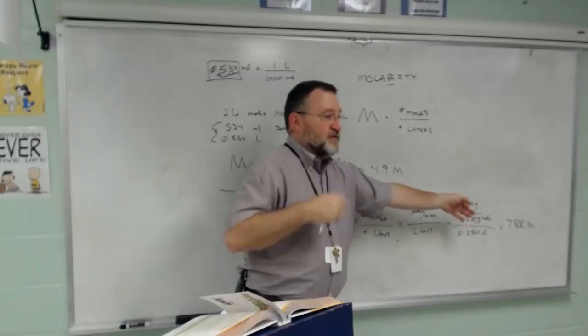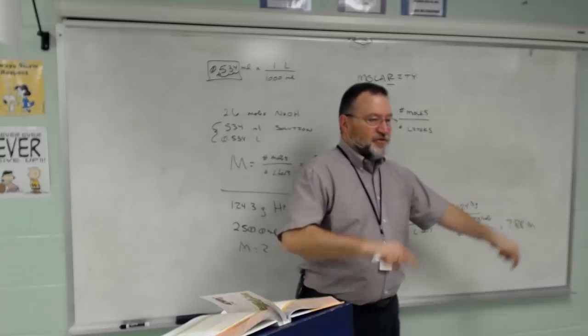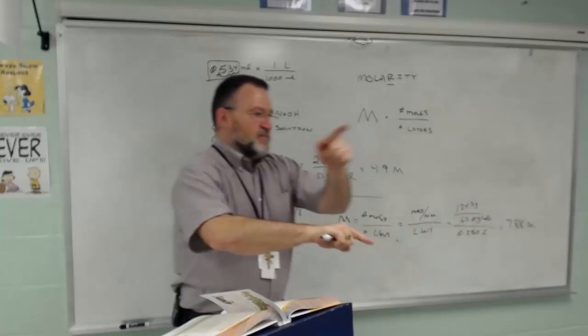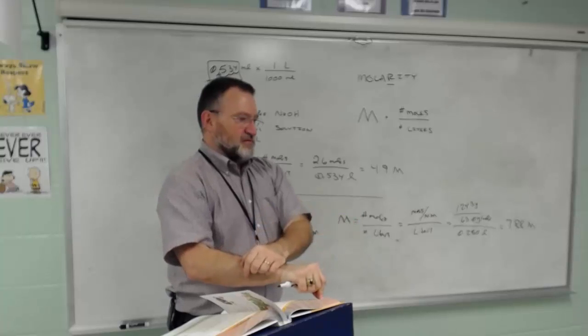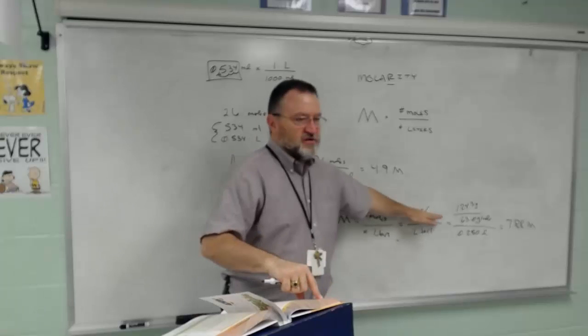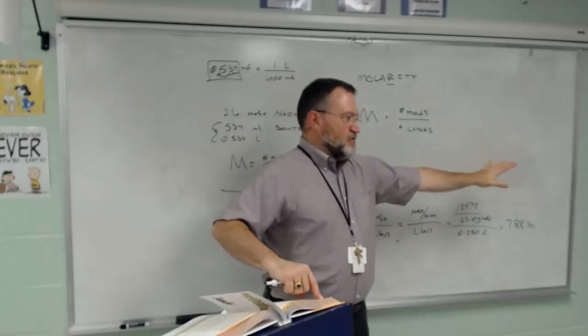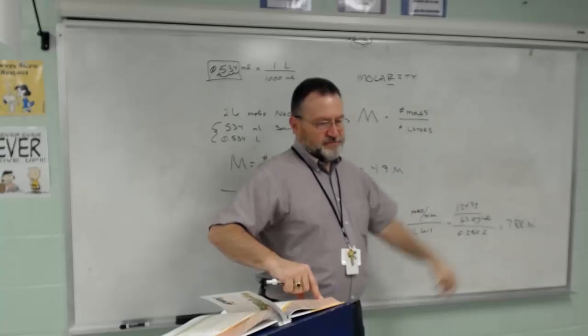We would then need to figure out how much volume we needed of that 7.88 molarity to get the right number of moles so we can do the balanced stoichiometry. That's the next step. Of knowing your concentration and then driving that forward to give you a particular number of moles in your sample.